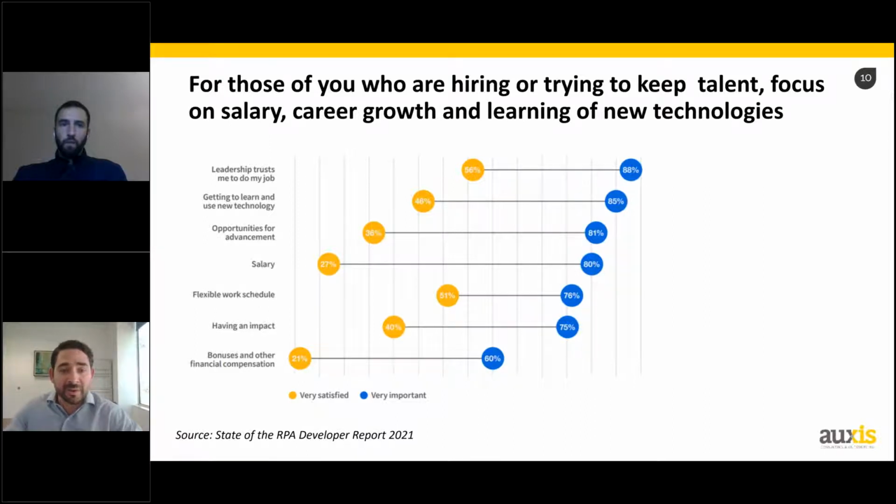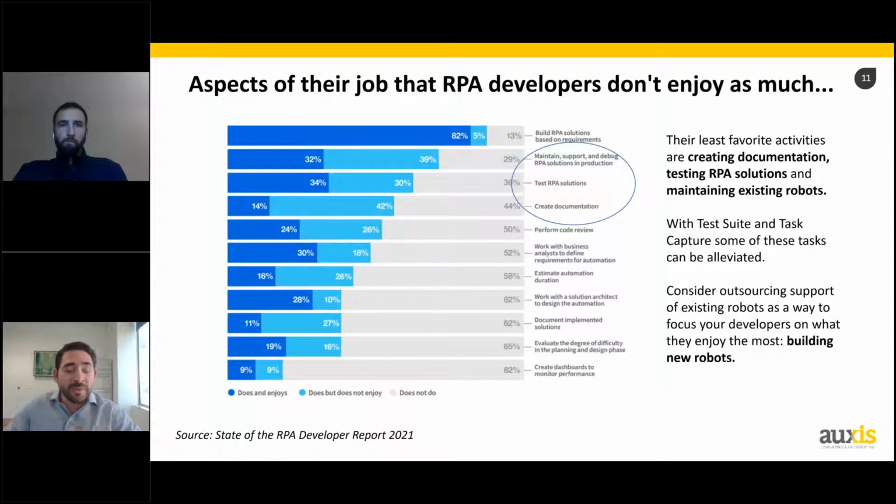They sometimes have a really strong time keeping developers, whereas a professional services provider can really offer, we have dozens of clients that they can move on to new opportunities, and then there could be a little bit more of a continuation of resources.